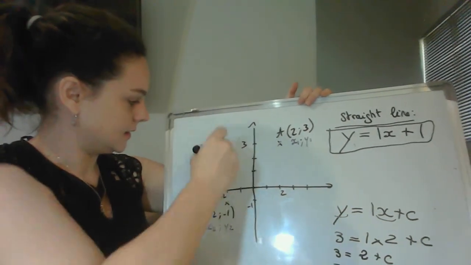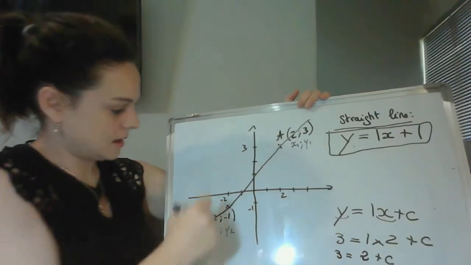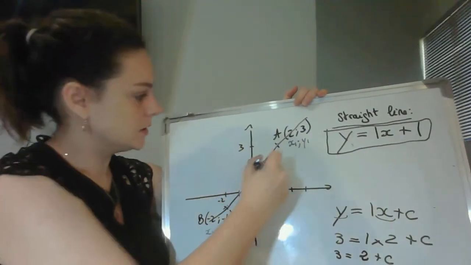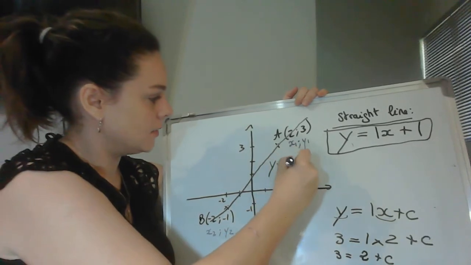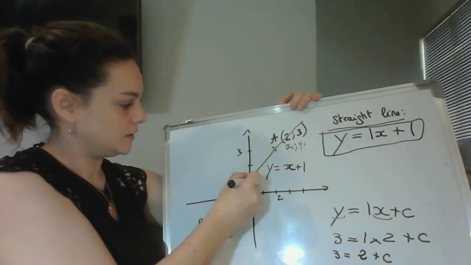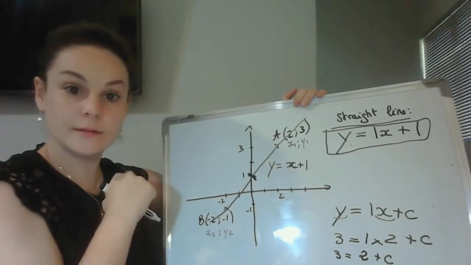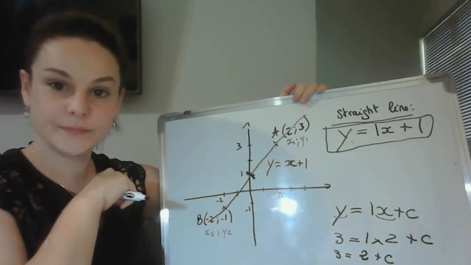So this line here has as equation y equals 1x plus 1, or x plus 1, same thing. And you see here the y-intercept is the c value 1, inclining.